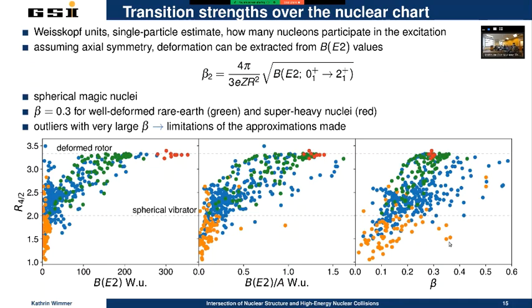But this method also gives very large beta values for nuclei where we know that they should be spherical, or we believe that they are spherical from other observables. So this plot on the right makes an assumption of a rotational model, which is maybe not applicable to all of these cases.